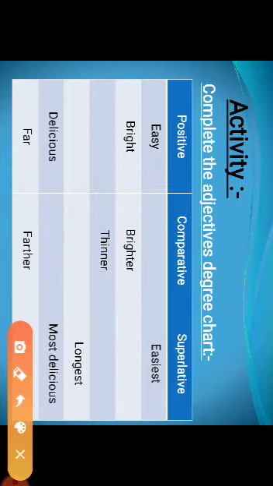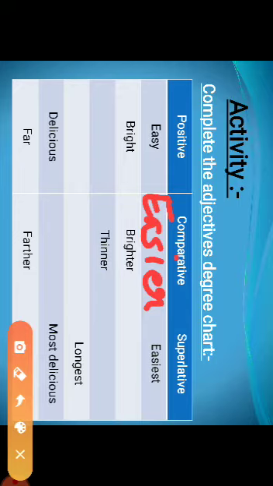So one by one we will discuss. First word is easy. Now what will be the comparative degree of easy? Superlative degree is given. It is easiest. So comparative degree will be easier. Okay, we will remove y and we will write here IER. Okay, when we remove y, then we will add I.